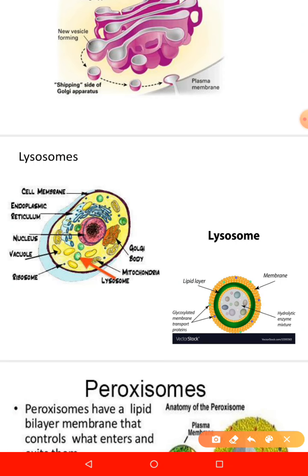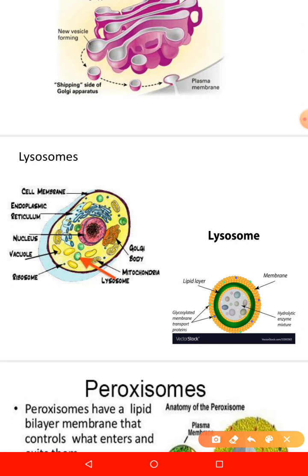Then these vesicles are pinched off from the Golgi apparatus and they become the lysosomes. Among the organelles of the cytoplasm, the lysosomes have the thickest covering membrane. The membrane is formed by bilayered lipid material. It has many small granules which contain very powerful hydrolytic enzymes.